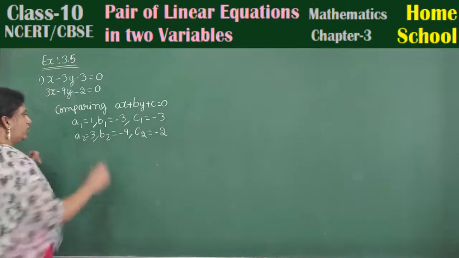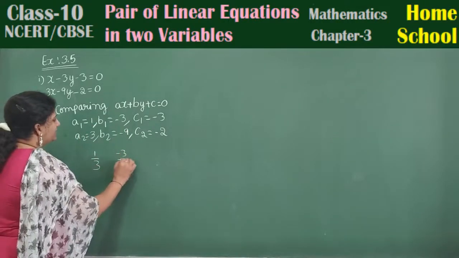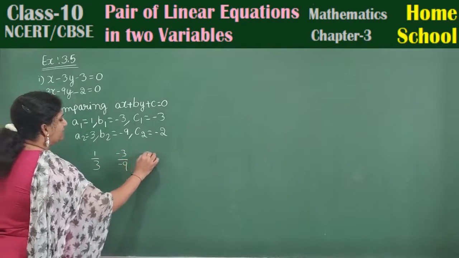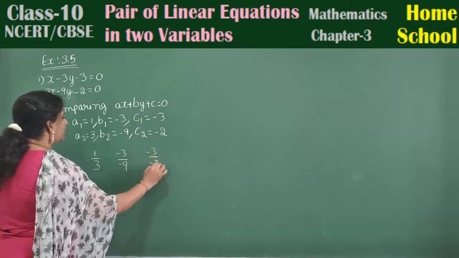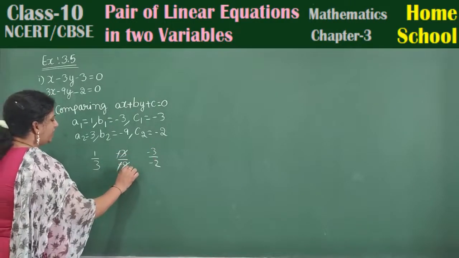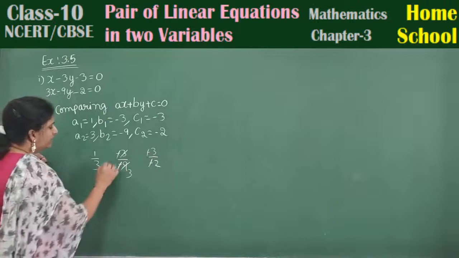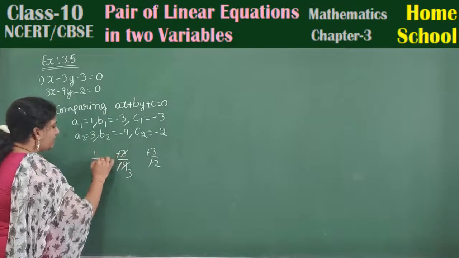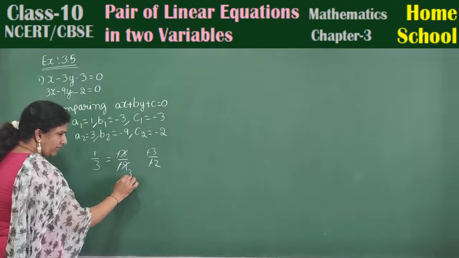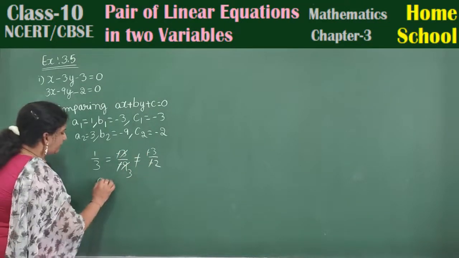Okay, so observe here: 1 by 3, minus 3 by minus 9, minus 3 by minus 2. Minus minus cancel, 3 3s are 9, and this doesn't cancel here. Therefore, a1 by a2 is equal to b1 by b2 is not equal to c1 by c2.